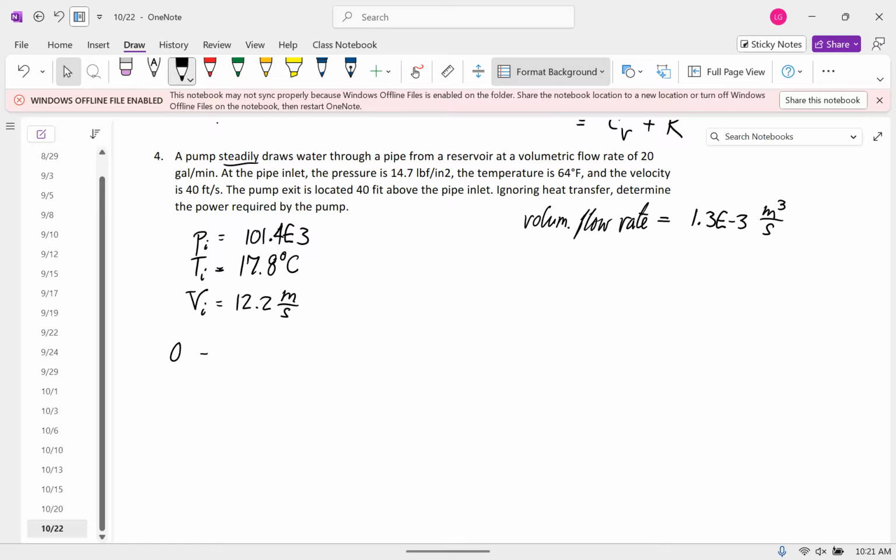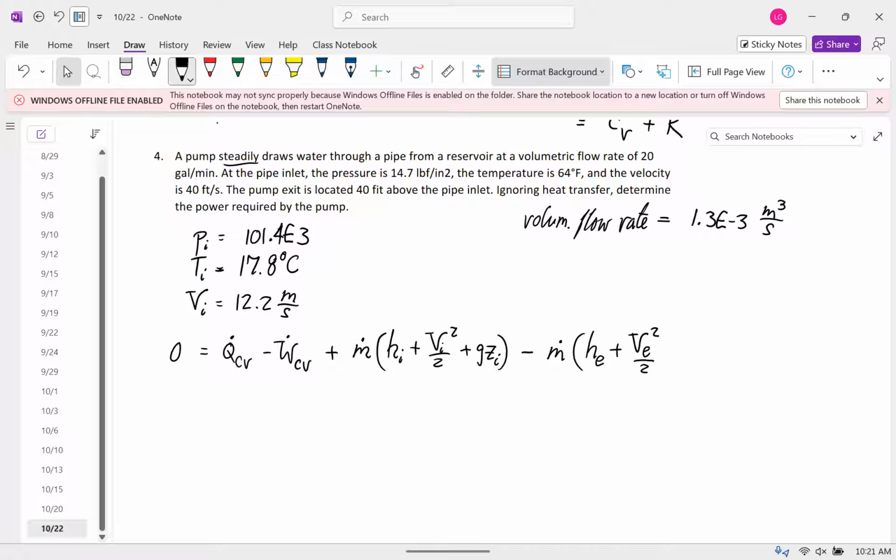So we have 0 is equal to Q dot minus W dot plus m dot times the quantity h_i plus v_i squared over 2 plus g z_i, minus m dot times the quantity h_e plus v_e squared over 2 plus g z_e.